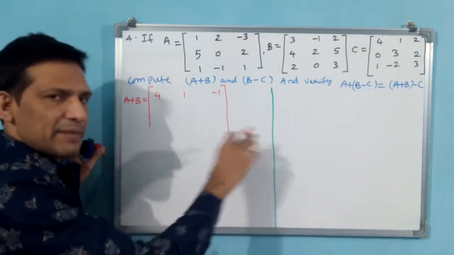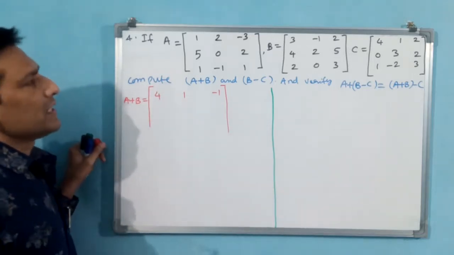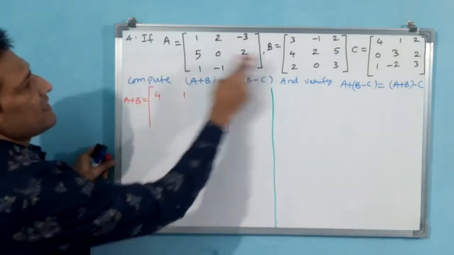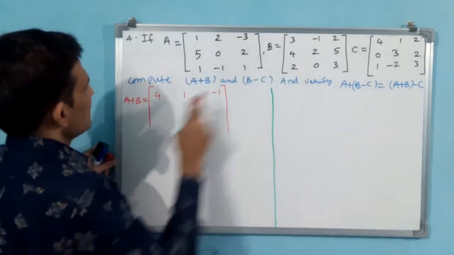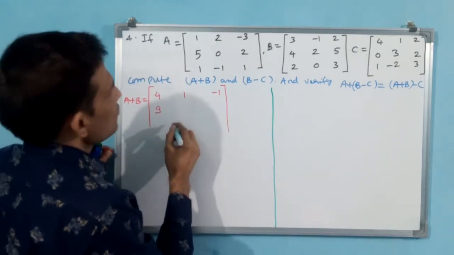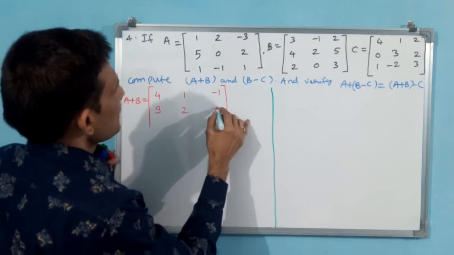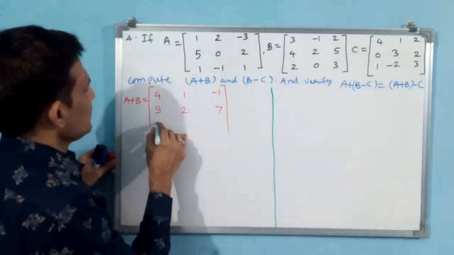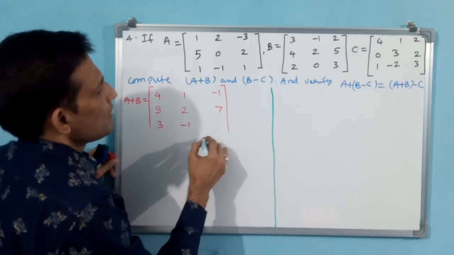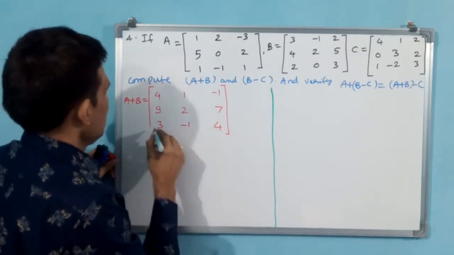Multiplication is there means one time again we are going to write. Okay, let us do it. 5 plus 4, 9. 0 plus 2, 2. 2 plus 5, 7. 1 plus 2, 3. Minus 1 plus 0. 1 plus 3, 4.